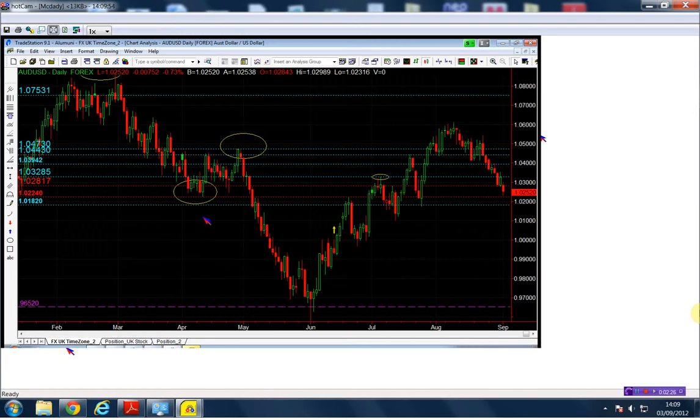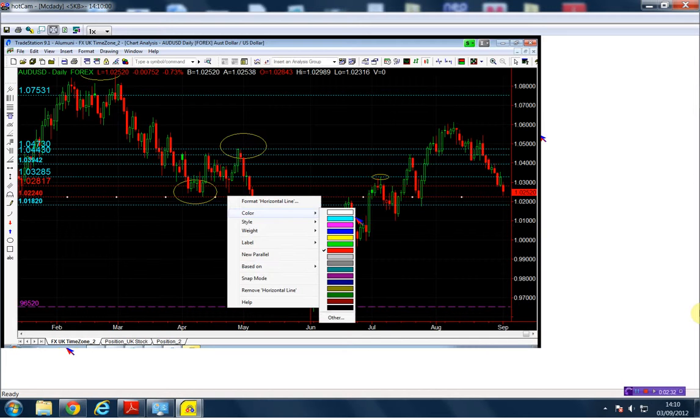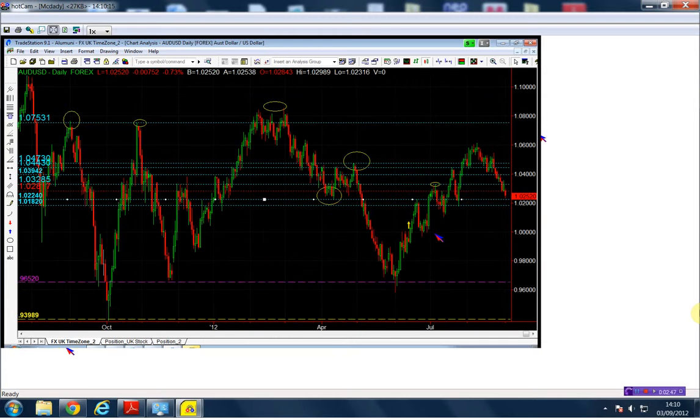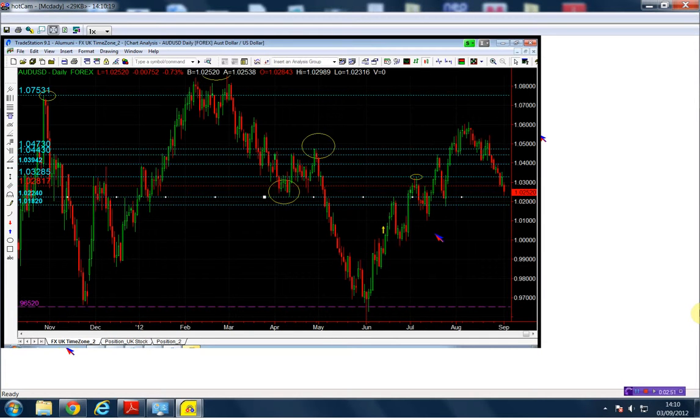But this one here, the 102.24, is a significant point. So I'm going to change the color of the 102.24 to a sienna color, because that is our mark, the way we translate how we do our trade planning on the charts. So instead of writing notes, I can use the colors.